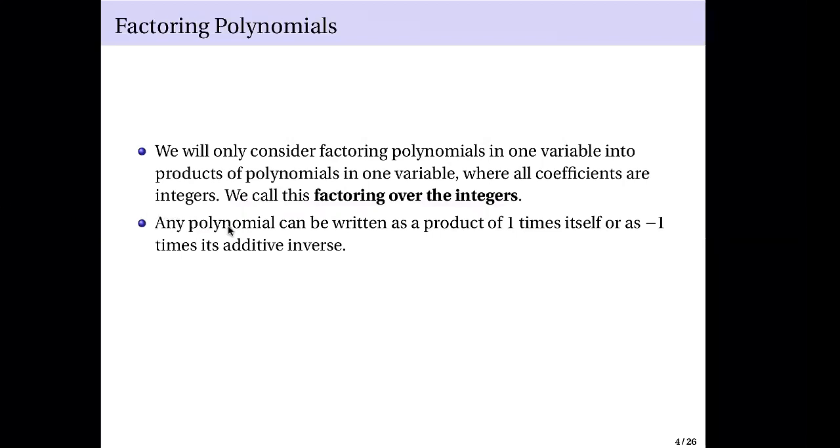Now, any polynomial can be written as a product of 1 times itself, or as negative 1 times its additive inverse. Or simply, your p of x, this is your polynomial, can be written as 1 times p of x, or you can write p of x as negative 1 times negative p of x.